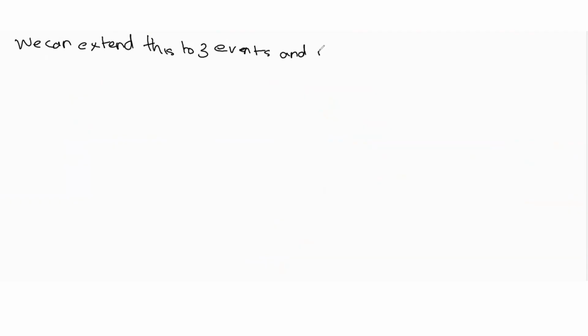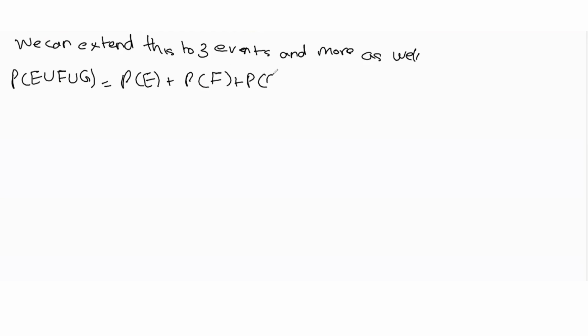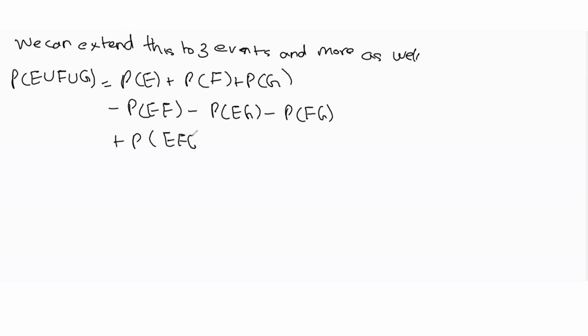So say we wanted the probability of the union of 3 events, E union F union G. For this, we add the individual probabilities one at a time: probability of E plus probability of F plus probability of G. And then we subtract the intersections: probability EF minus probability EG minus probability FG. And then we add back the intersection of all three, EFG.